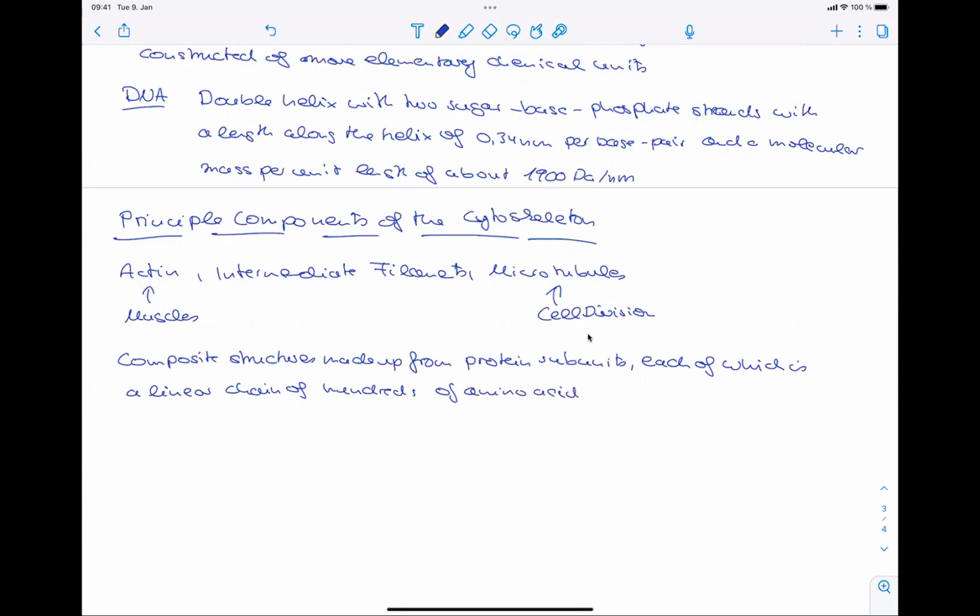So when I was talking about individual monomeric units, these are now like full-fledged proteins that in themselves consist of lots of amino acids that are lined up and bundled up in these protein units.